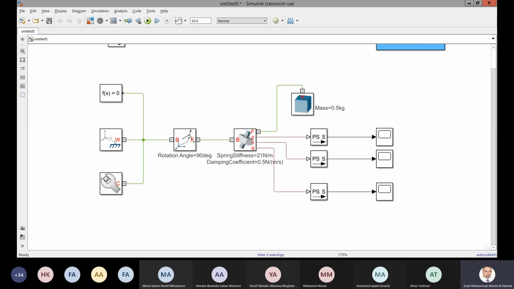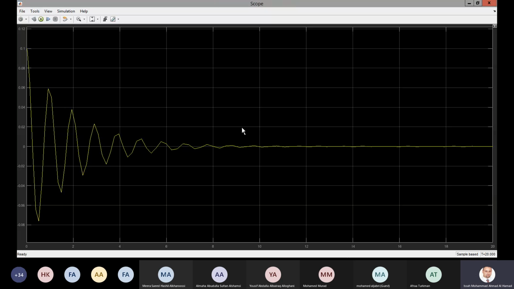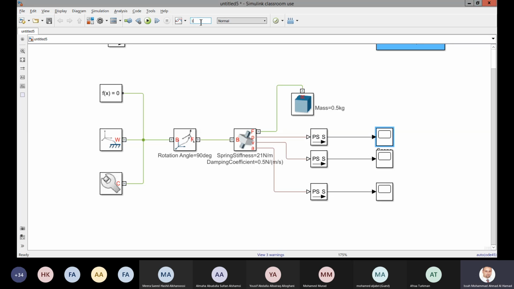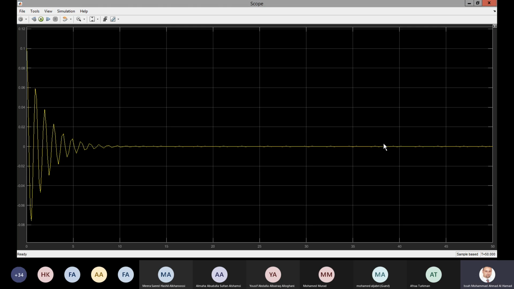Now, if you are not satisfied with these graphs, you need to add more points. You can change this value to 20 and run. And you can see your graphs now. Okay, it's clear that after maybe 8, 9, or 10 seconds, it was damped. You can even make it 100, or let's make it 50, and see our scopes.